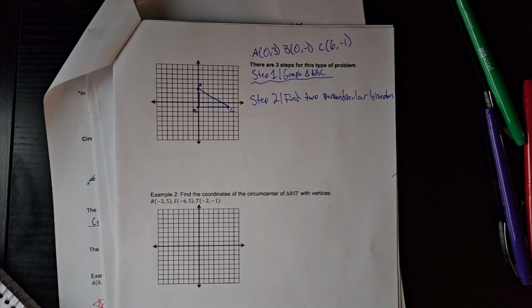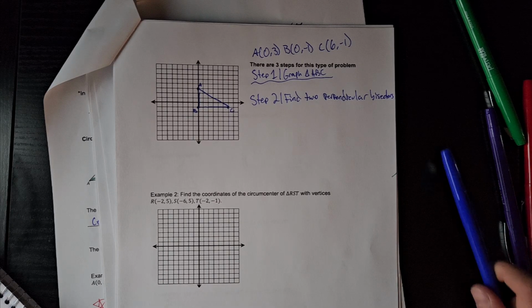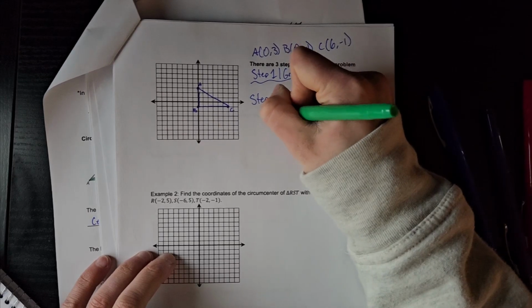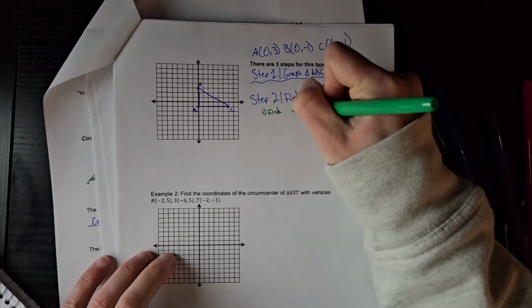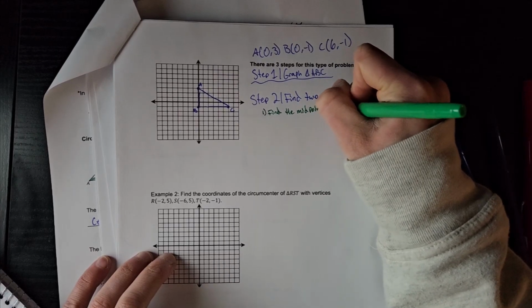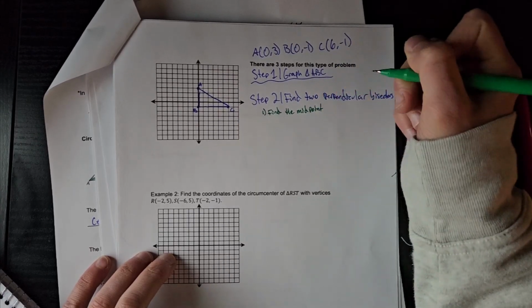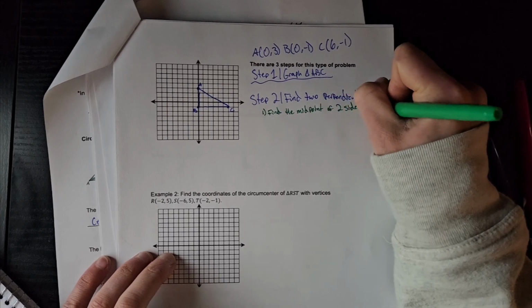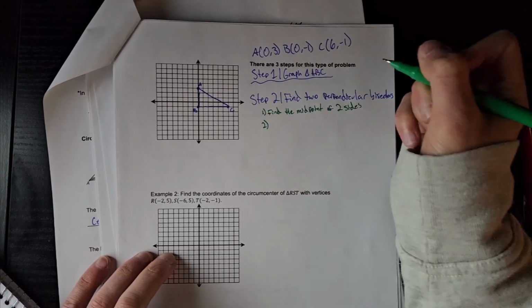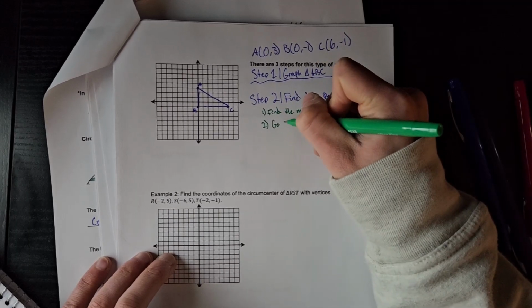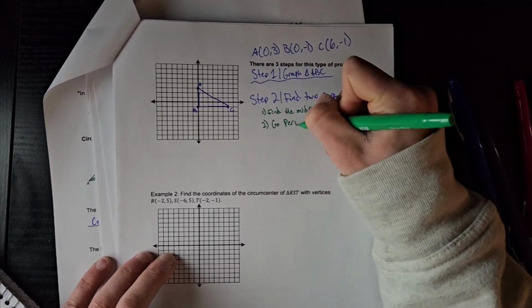This we need to break down into a few steps. First part, we need to find the midpoint of 2 sides. And then 2, we need to go perpendicular with their slopes.